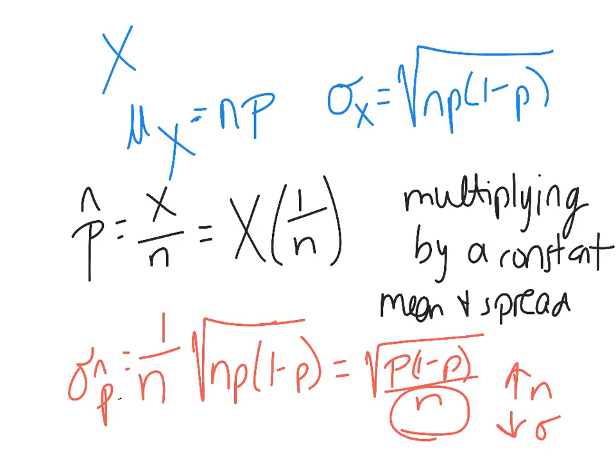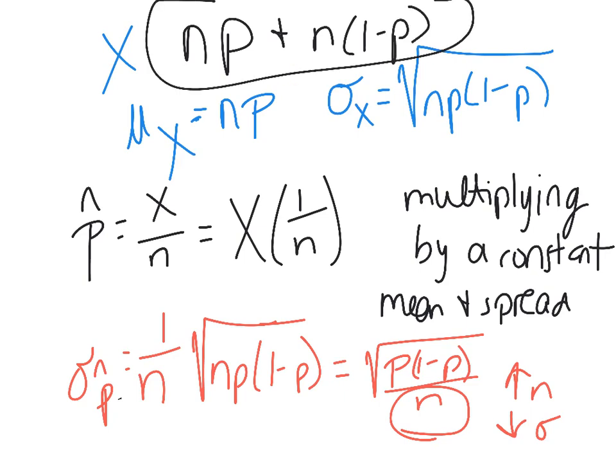So if n times p and n times 1 minus p are both at least 10, you need these to be greater than or equal to 10, then you can use a normal distribution, which will help you when you're trying to calculate information.